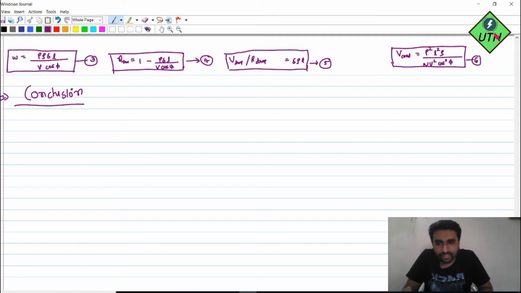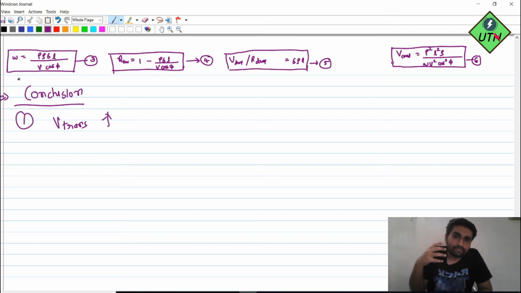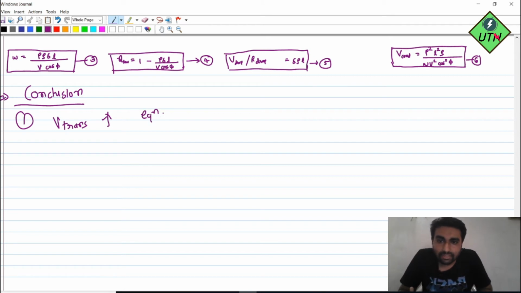From equation number 3 we can definitely say that if our transmission voltage is increased, the losses in the transmission line are going to be decreased, because W is inversely proportional to the voltage.